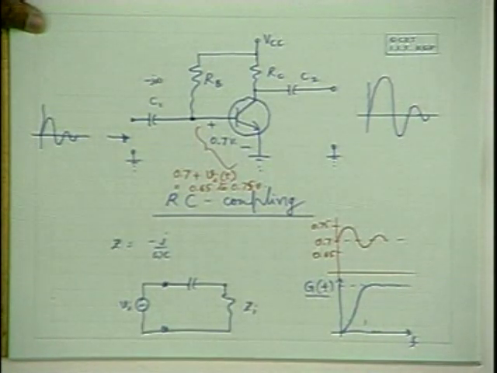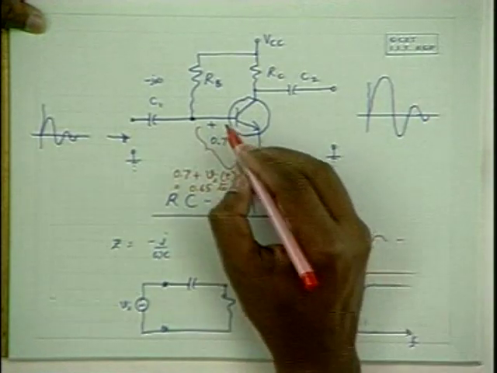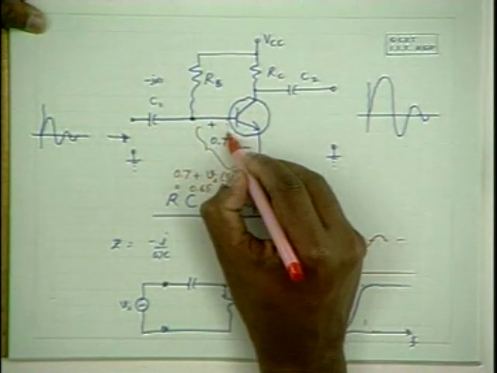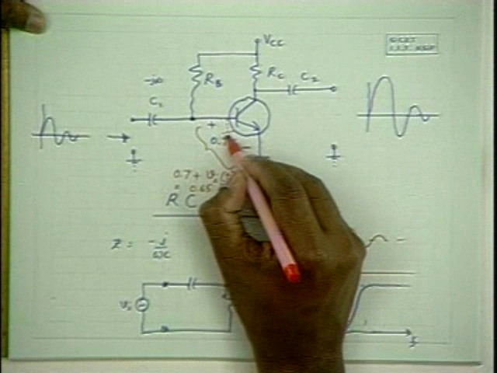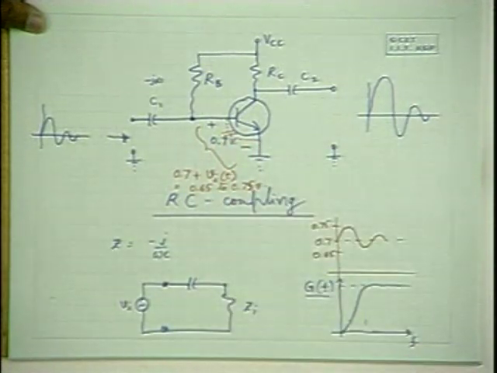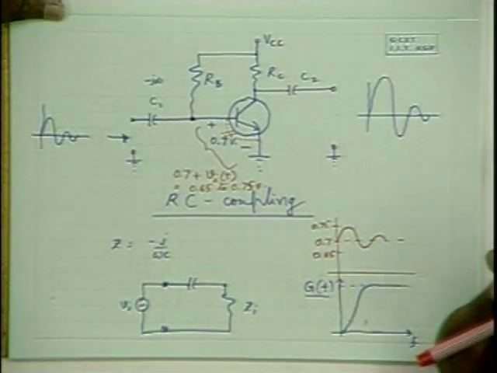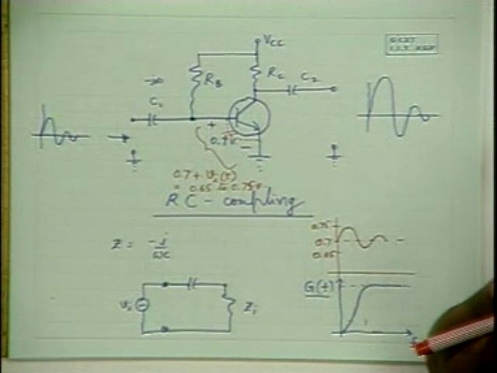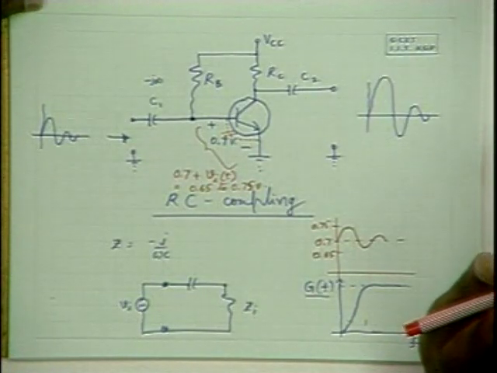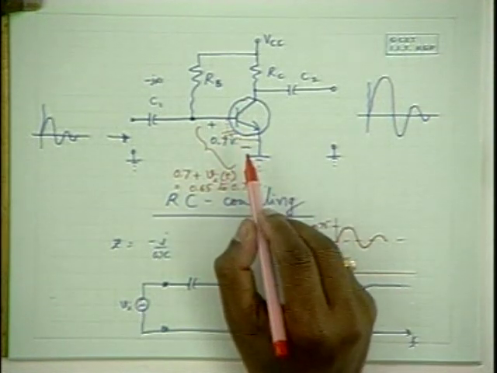But unfortunately, we have some junction capacitances which come into the picture, because of the charge storage and because the junction works on the principle of diffusion of charge carriers under voltage changes, so it exhibits some capacitance over here.